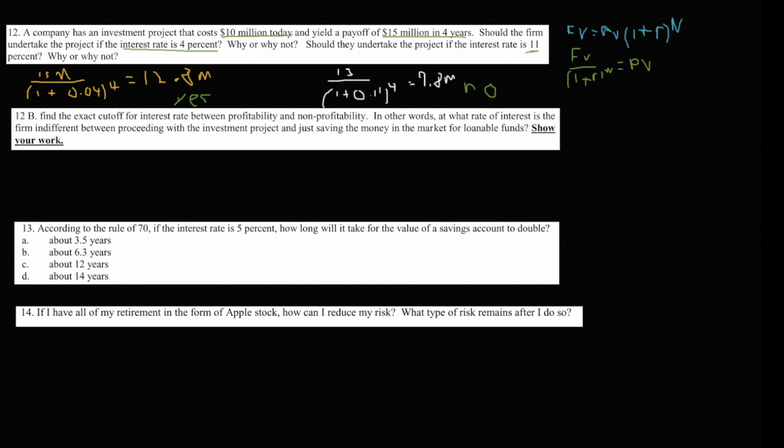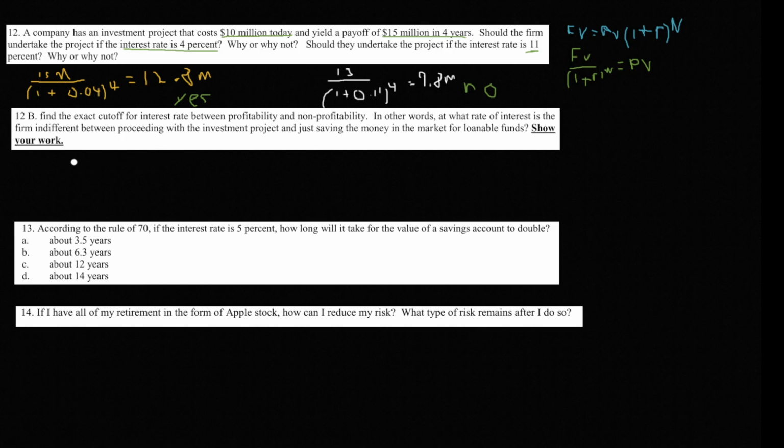Now find the exact cutoff rate between profitability and non-profitability. So we're going to say the present value is 10 million. At what rate are they the same? So I'll do this in white, because why not?